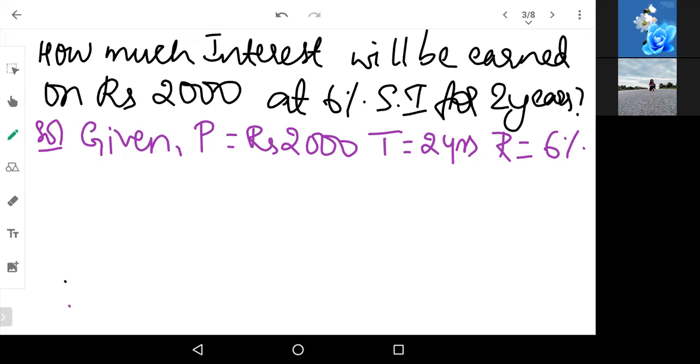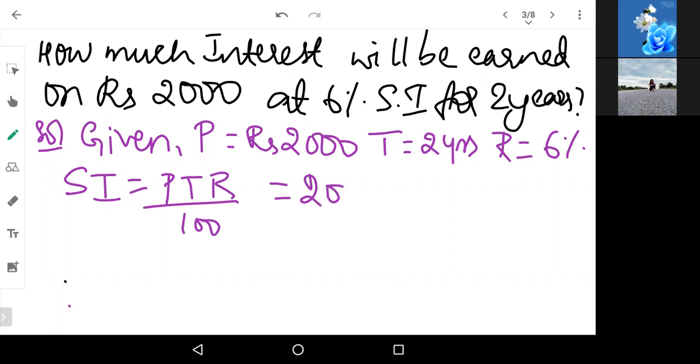And we have to find out simple interest. So write the formula. Again, please write the formula for each and every question. That is compulsory. So PTR by 100. P is 2,000 principal, into time is 2 years, into rate is 6%, divided by 100.